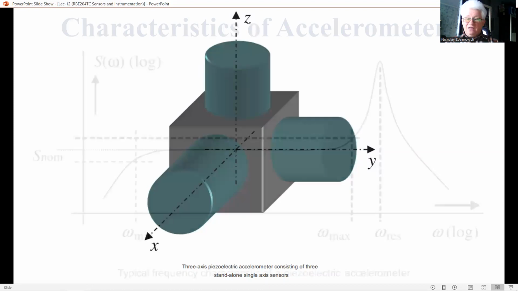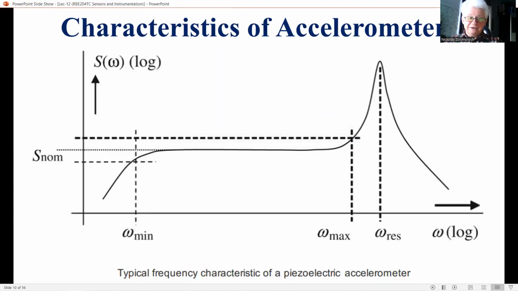The frequency band of a piezoelectric accelerometer is limited at the lower side of the spectrum by the shunt resistance of the crystal. At the upper side of the spectrum, it is limited by a resonance frequency, as you can see on this plot.